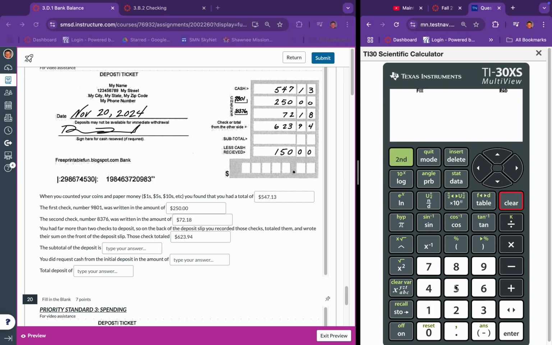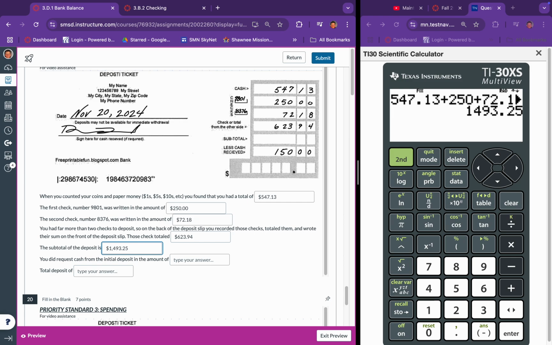So we're just going to go $547.13 plus $250 plus $72.18 plus $623.94. So all the money that you brought into the bank today totaled $1,493.25.